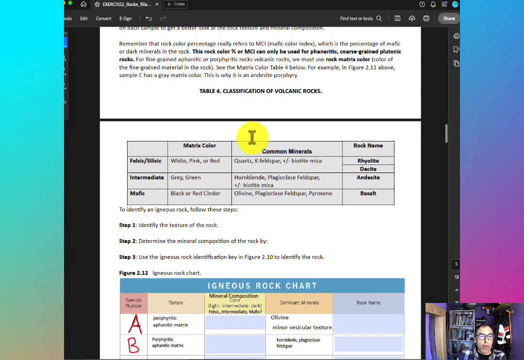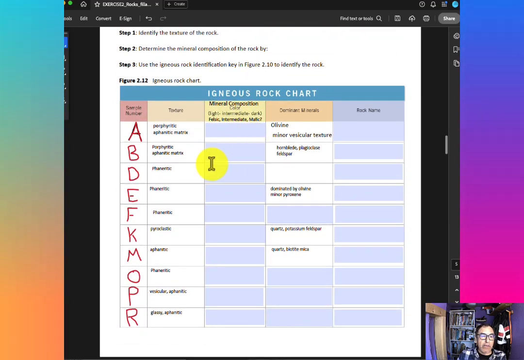Now we're going to identify the rocks, and I want you to look at samples A through R. I've already given you some hints as to whether the rocks are phaneritic or aphanitic, or maybe vesicular or glassy, and some of the minerals that are present. Then your job is to fill in the boxes. I didn't fill out sample D, so we'll do sample D just because I missed this spot right here. Where you see the boxes, you're going to have to enter the data there, right?